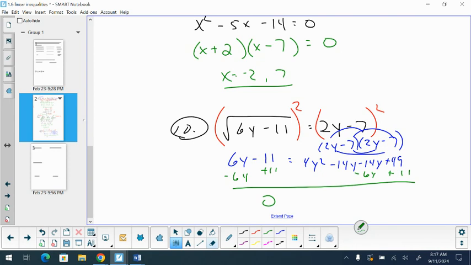So we have a 4y squared. We have minus 14 gives us negative 28. Minus 6 gives us negative 34y. Then we have 11 plus 49, which gives us 60.